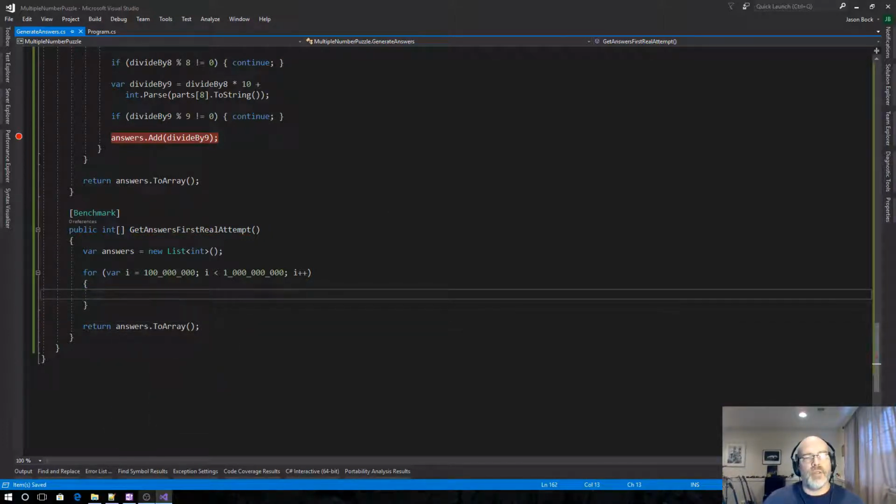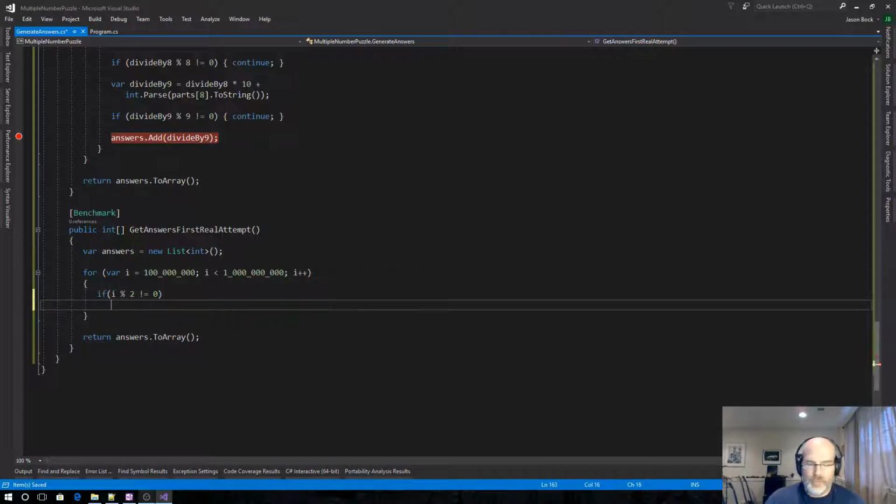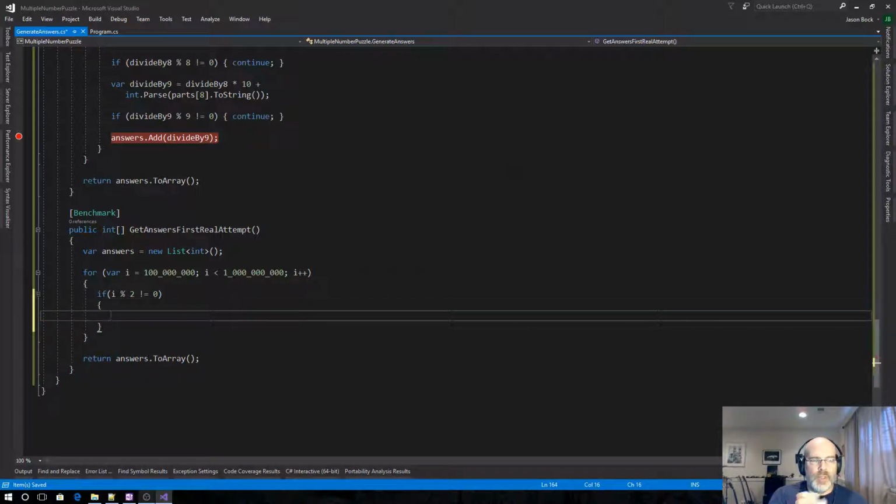The first thing I want to do is say if i mod 2 does not equal 0. Because if you have a 9-digit number, then there's no reason to go any farther, right?